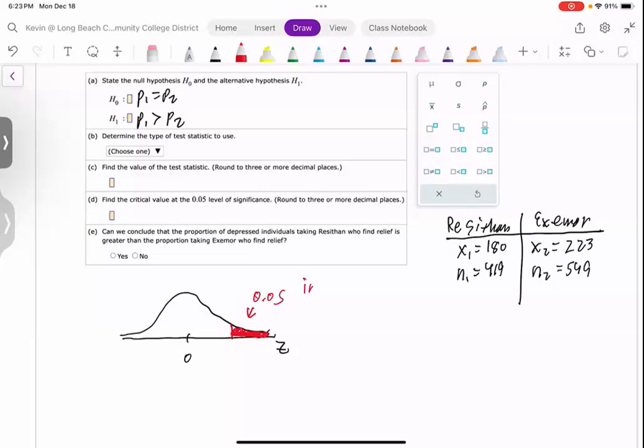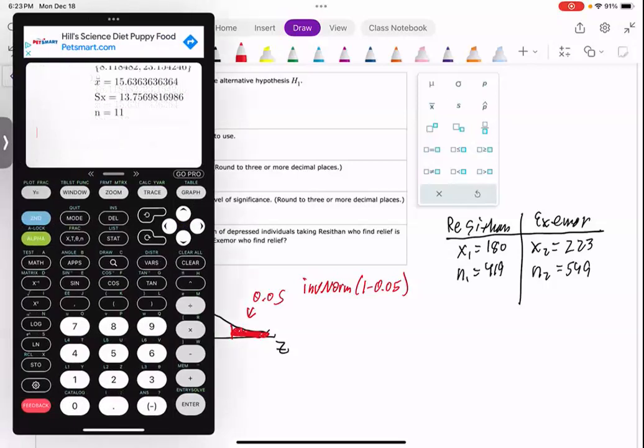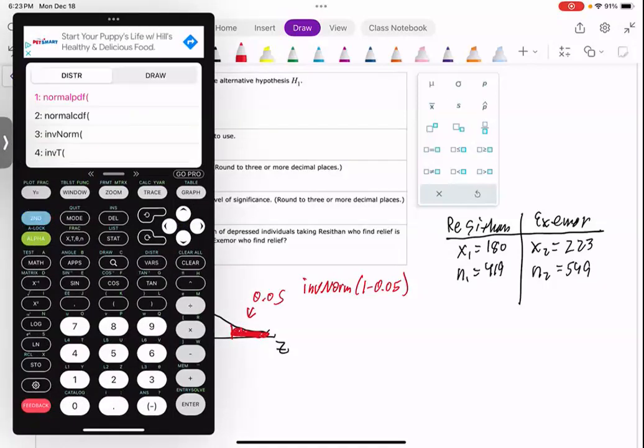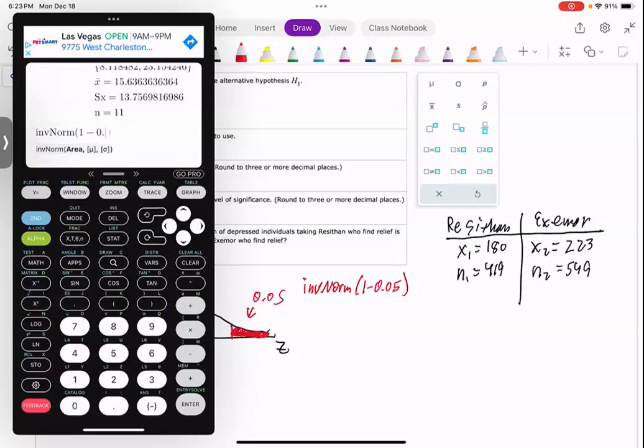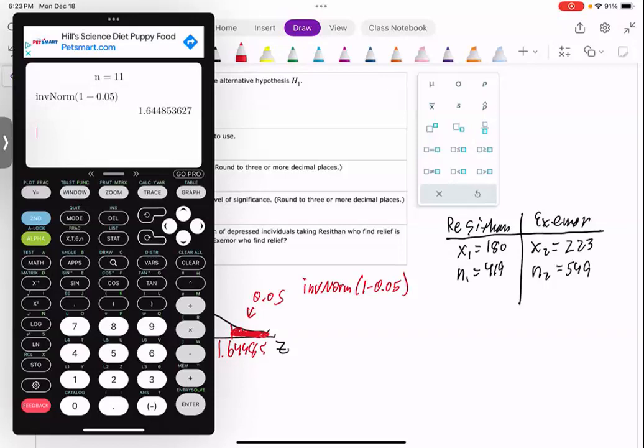So I'll need to use inverse norm of 1 minus 0.05. So this is 1.64485.